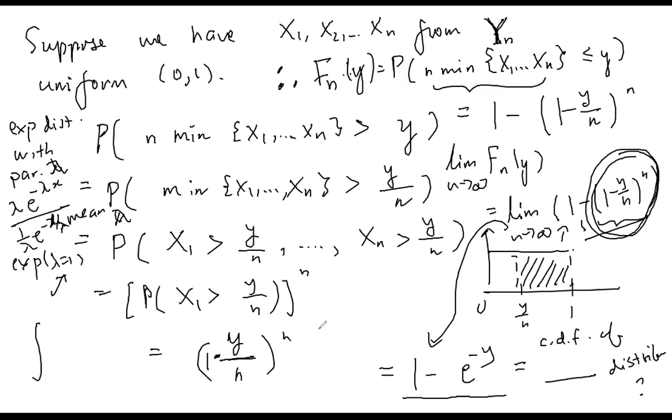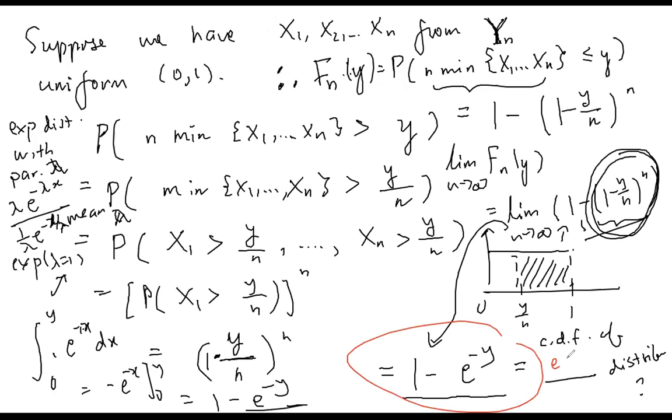So over here you can see that basically this is lambda equals 1, right? So we take the integral from 0 to y, so this is 1 minus e to the power of minus y. So basically, this is the CDF of the exponential distribution with lambda equals to 1.